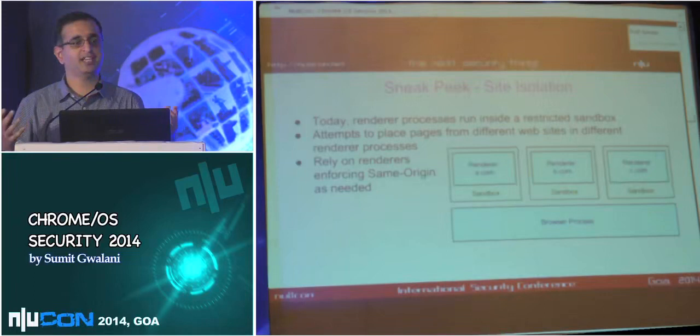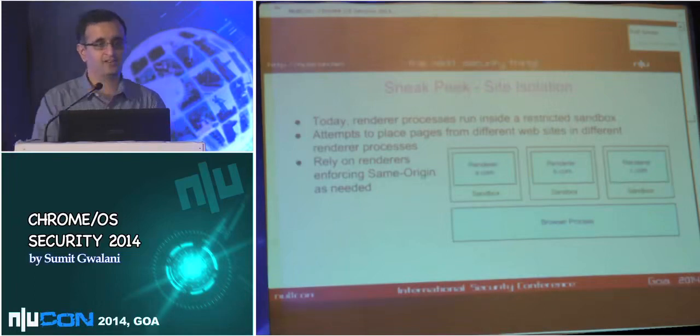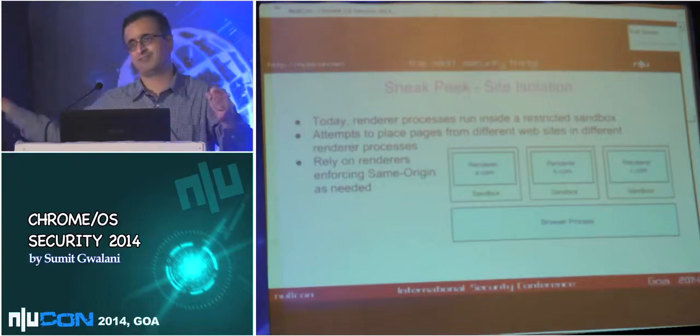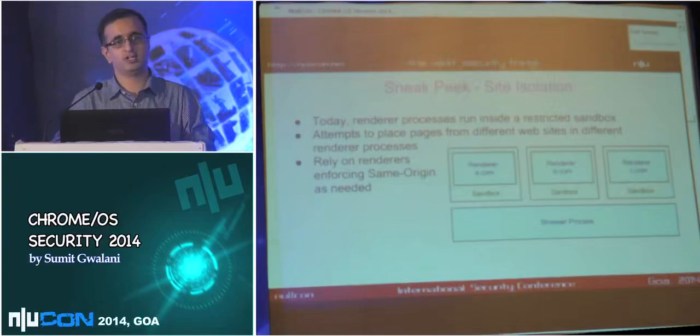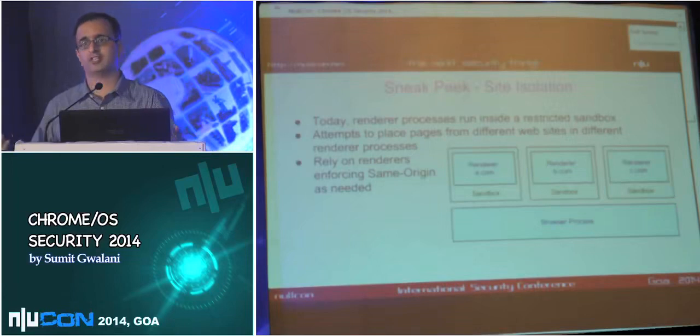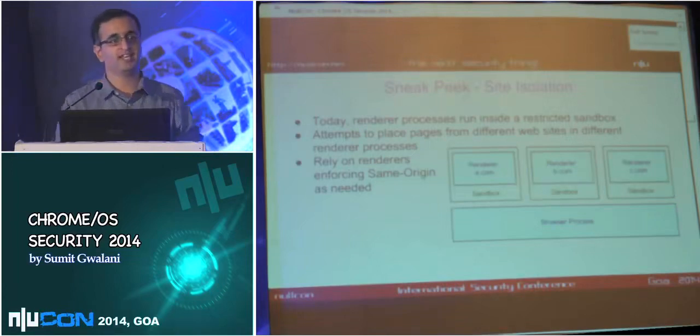What happens with cross-site iframes? If I embed a cross-site iframe from A.com to B or C, it would potentially be in the same sandbox, because you're not spawning a new process when you're doing a cross-site iframe. It could also happen with renderer navigations, like submitting a post form.